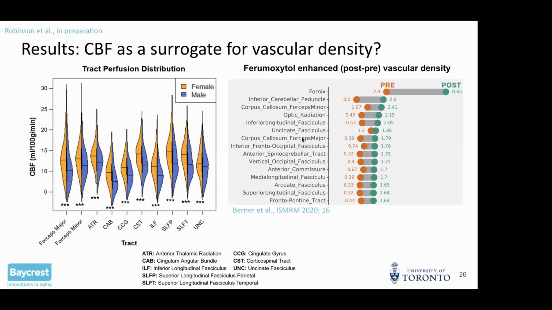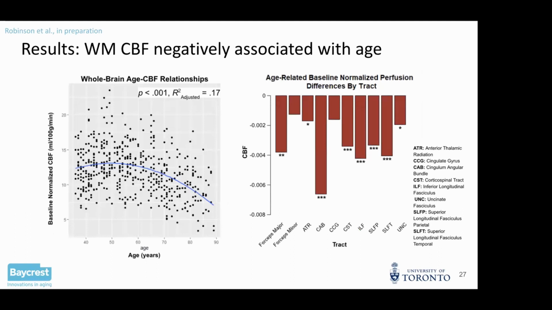There's not a direct similarity that I could see, aside from the corpus callosum, in this case, the minor forceps and major forceps having the highest flow, as well as a relatively high vascular density. This is not a direct comparison, but of course they are not meant to be equivalent. They are both different and both valuable aspects of vascular health. So coming back to how we found blood flow to actually vary with age.